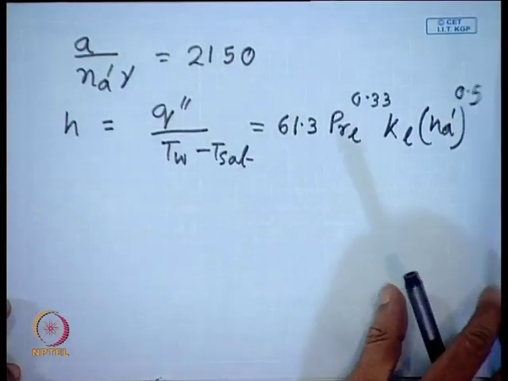Now, let me tell you a few things. Of course, another model let me discuss without any mathematics, and then we will go back for a general discussion of all the models which I have described so far.